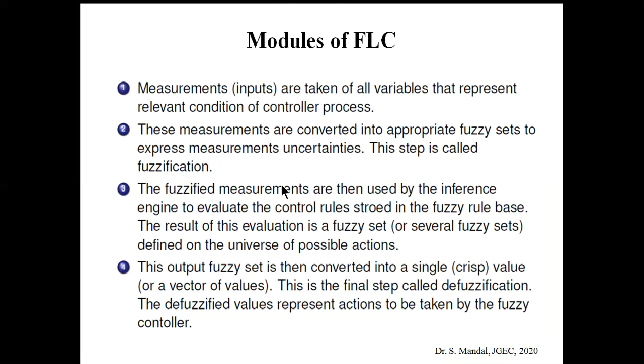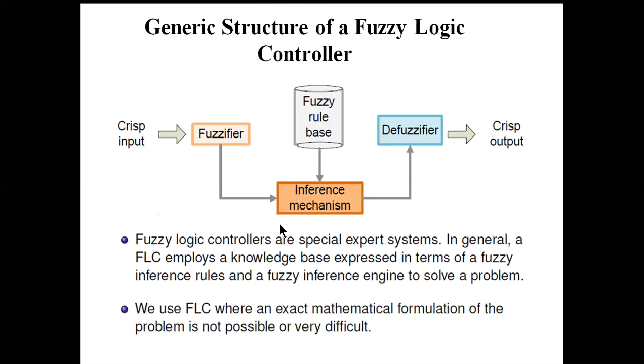Okay, so fuzzified measurements are used by the inference engine to evaluate control rules stored in the fuzzy rule base. Okay, and the result of this evaluation is also a fuzzy set, and this can be done by the inference mechanism. Different kinds of operators that were already discussed in earlier classes are implemented in the inference mechanism.